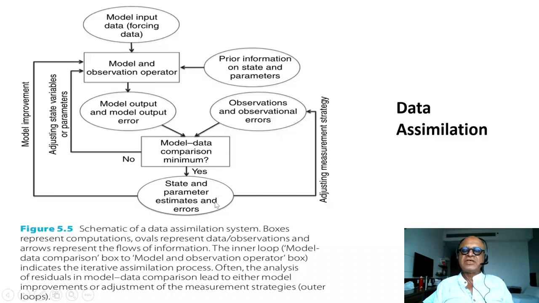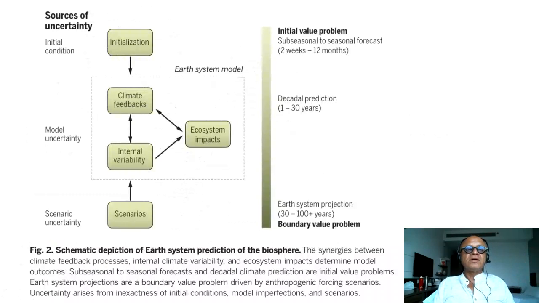This can also help adjust measurement strategy, optimizing the web of sensors to improve observations and observational error estimates, to drive down observational operator error as well. Prior information on state and parameters is used here, but the idea is to reach better estimates of parameters and states. Okay, you can read up more if you want, but this again leads to sources of uncertainty.